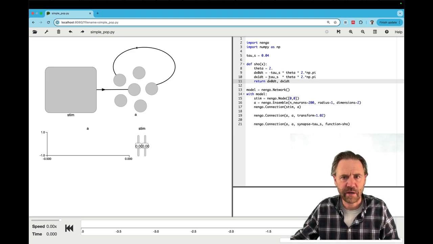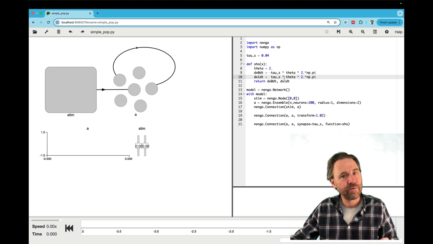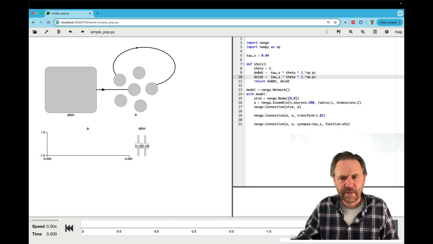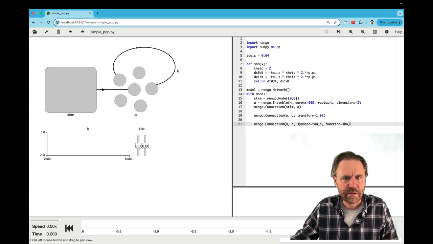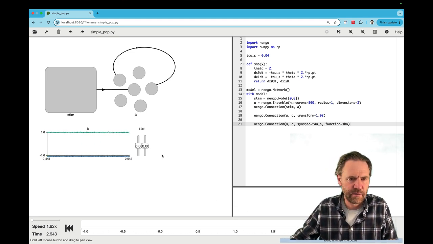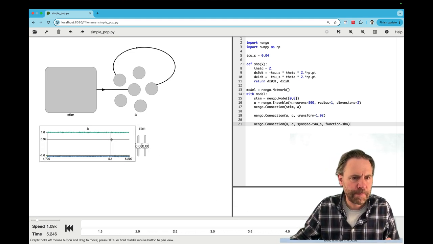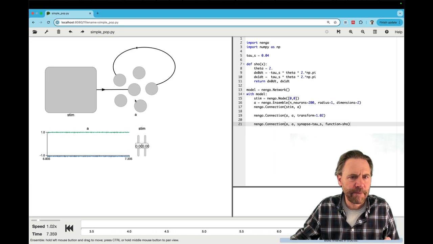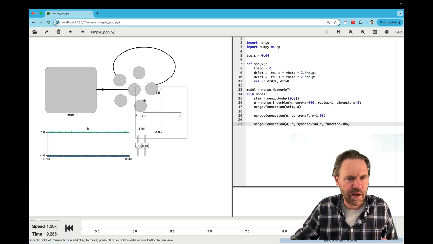So it's just evaluating the right-hand side of that system of differential equations. Okay, so this little feedback loop actually stands for both of these connections here. So let's see, when I run it, it's better to look at the xy value.